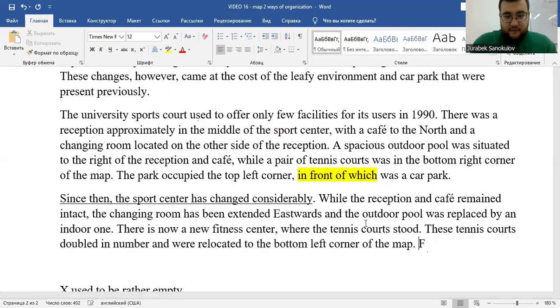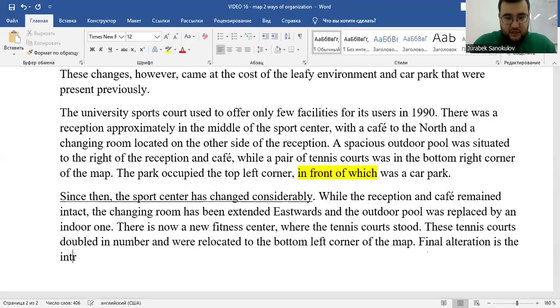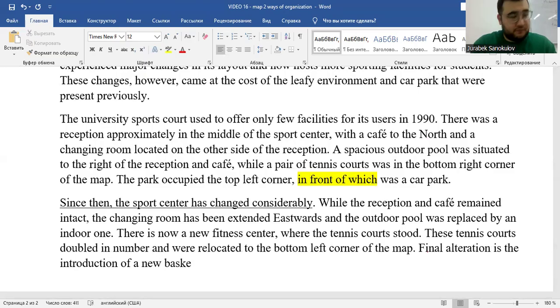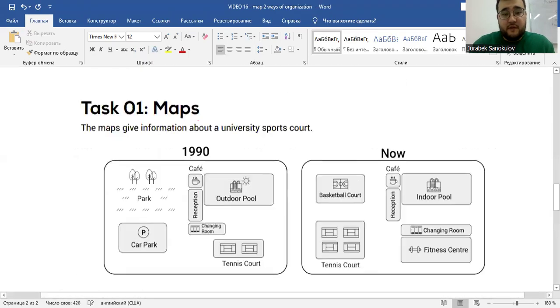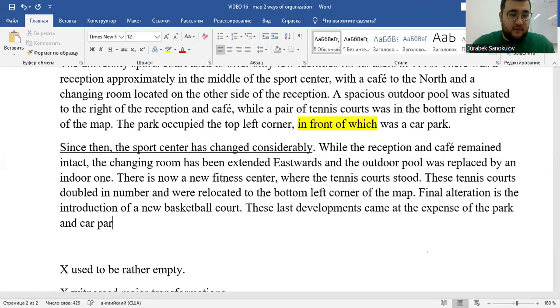Another, or let's just say final alteration is the introduction of a new basketball court. These last developments came at the cost of, or came at the expense of what? The park and car park, or parking space, or car park.